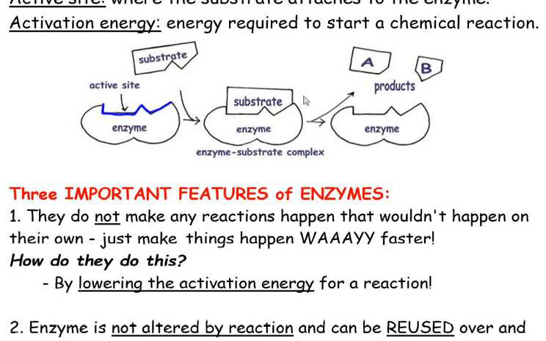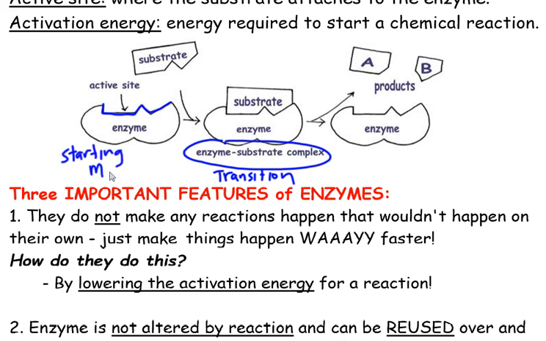So when we look at this, the enzyme substrate complex is almost like a transition. We have our starting materials, and then you have your products over here. So our starting materials, enzyme and substrate will make a bond at the active site. Your enzyme basically is ensuring that the reaction takes place.